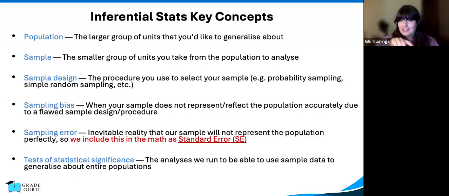Whereas sampling error is inevitable, meaning there's no way that we can take a simple random sample and it perfectly reflects the population. So we actually include sampling error in the math. We account for it and it becomes the standard error, which we'll come back to later.